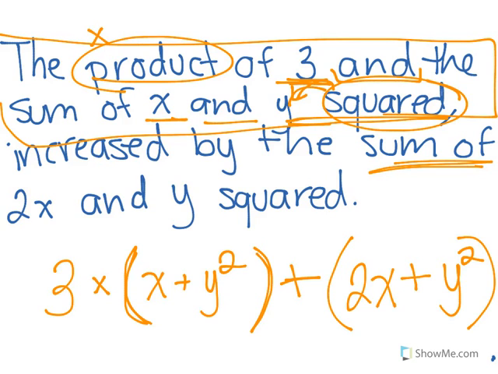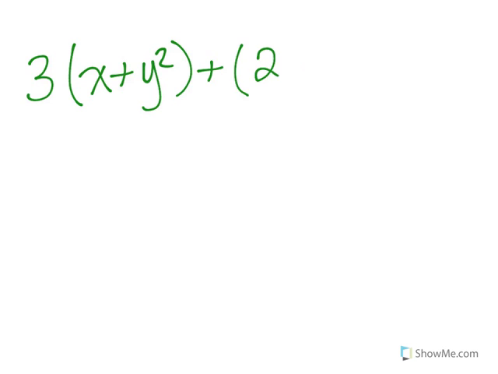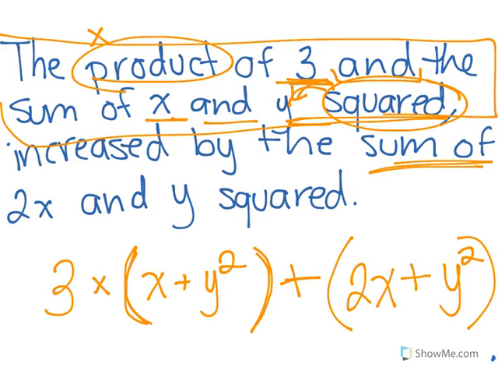Well, now we must simplify it. So let's rewrite it right here. So we have 3 times x plus y squared plus 2x plus y squared, if I'm not mistaken. Let's recheck. Very well.